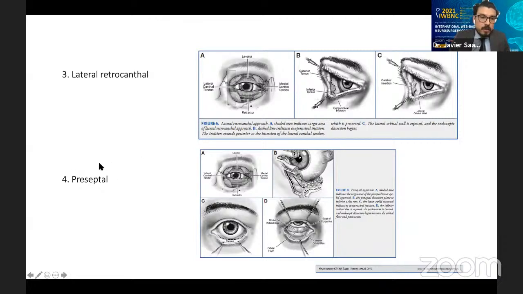And this is the preseptal approach, which aims to access the orbital floor and the most inferior part of the orbital content. So of course, this also needs to be done through an incision in the conjunctiva and all the morbidities carried by this type of incision.